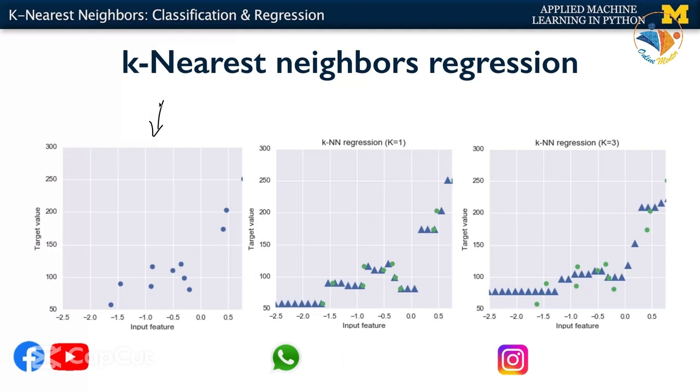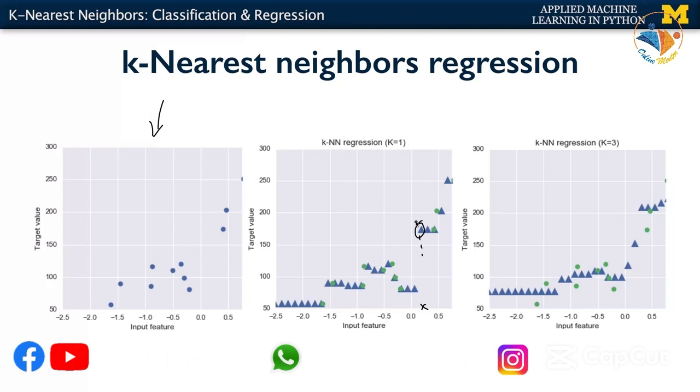So in these plots, you can see the training points are actually in green. These green circles are the training points. And the blue triangles are the output of the k nearest neighbor regression for any given input value of x. So for example, the KNN regression prediction for this point here is this y value here.